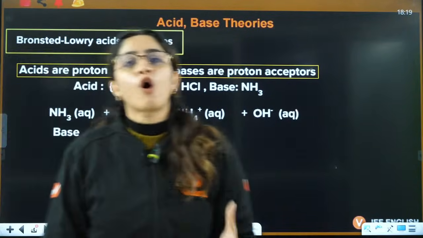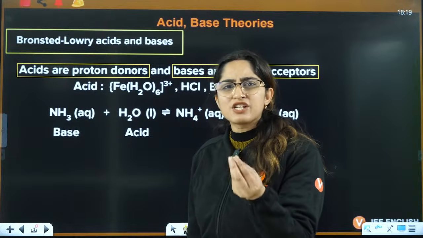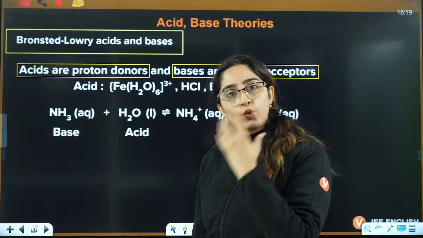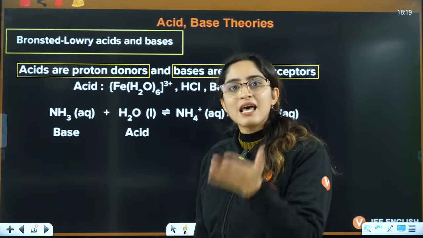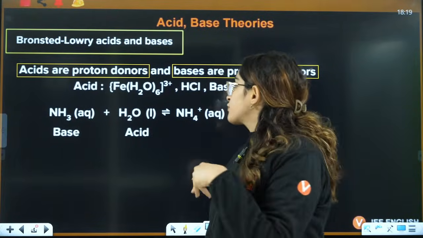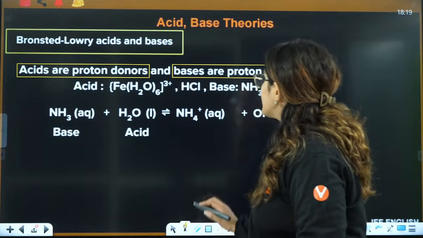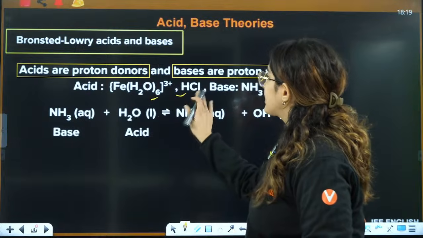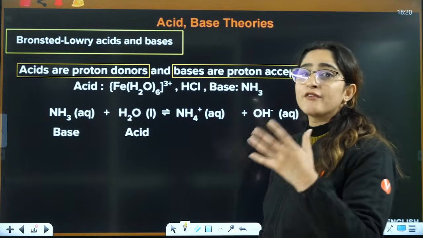He made a new concept that is not related to OH negative and all of that. He just said acids are proton donors, they give protons, and bases are proton acceptors. For example, you have any acid, like this acid, this acid, this acid, they will give protons, they will give H positive.